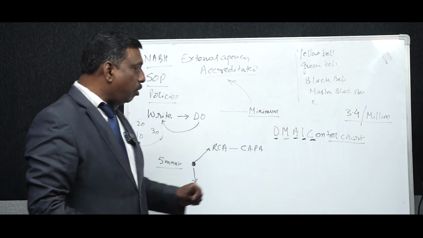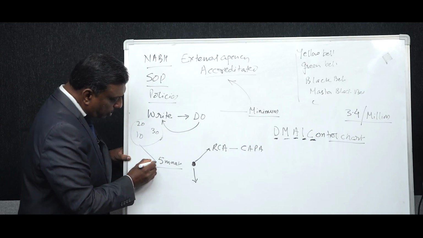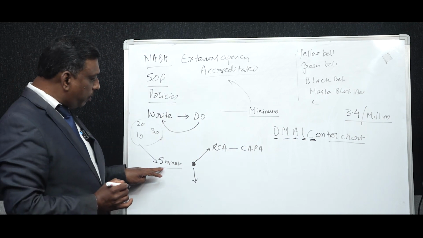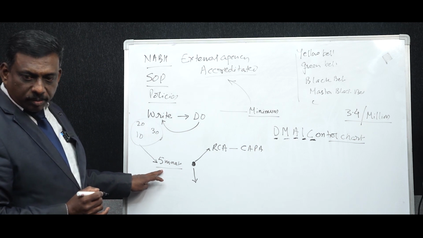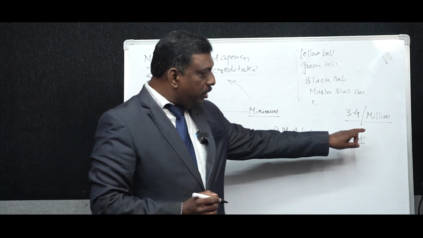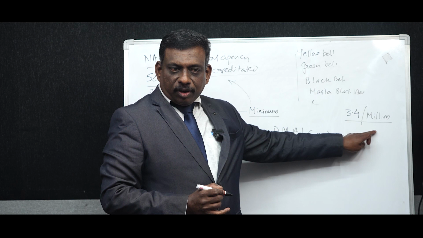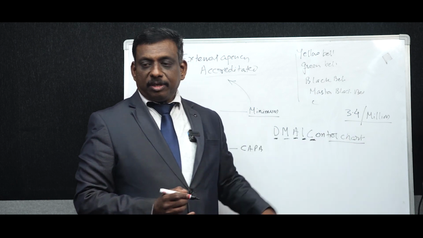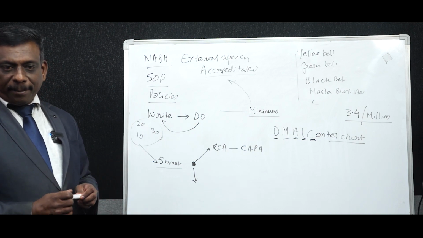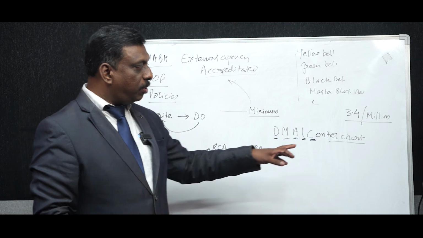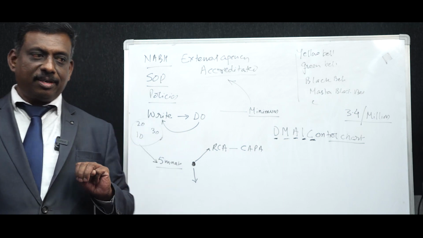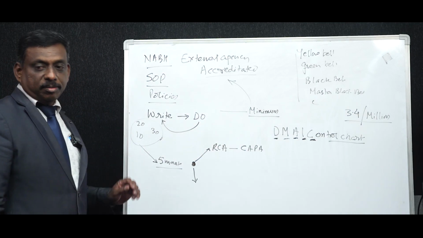Our aim is to reduce the wait to 5 minutes. To achieve the Six Sigma level, if 1 million patients are coming to your hospital, only 3 patients should go beyond the 5 minute waiting period. That is the Six Sigma level for registration in a hospital.